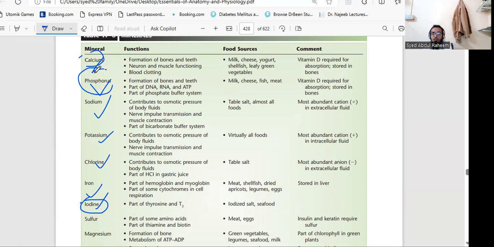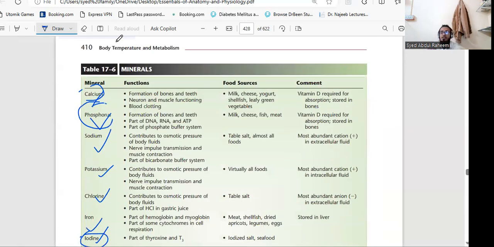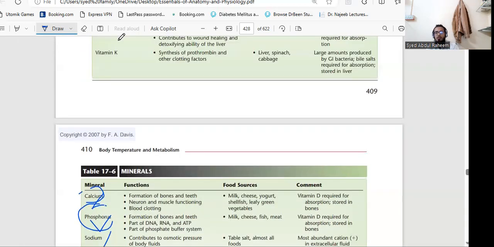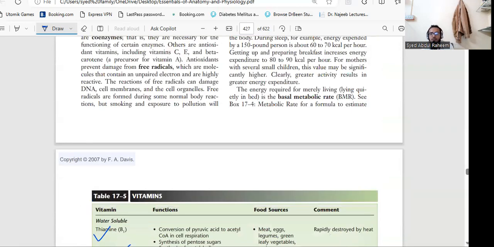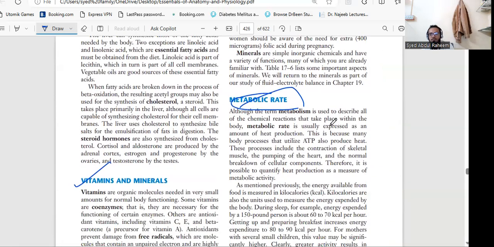Without the help of vitamin D, calcium and phosphorus are not absorbed. So you have to go outside and sit in the sun for 10 to 15 minutes daily to absorb the calcium. So these are about minerals and vitamins. Now we will discuss metabolic rate.